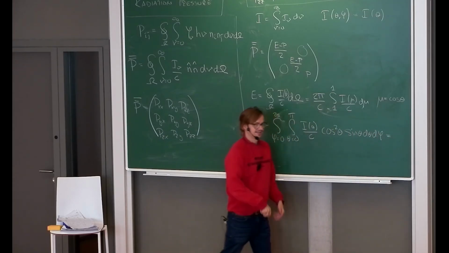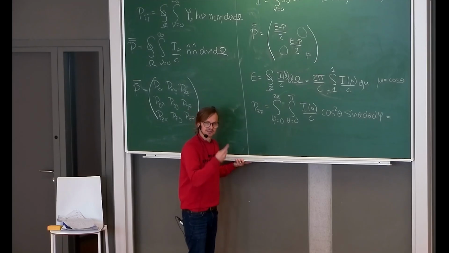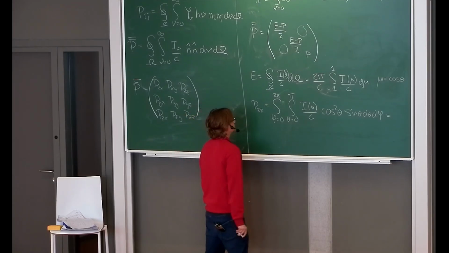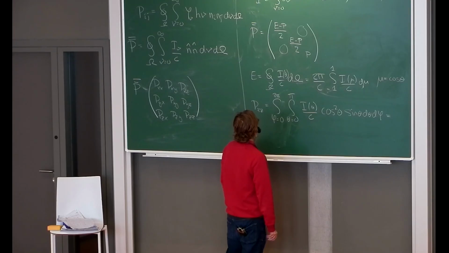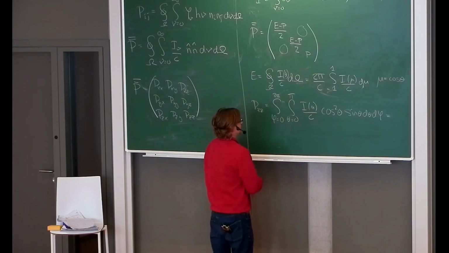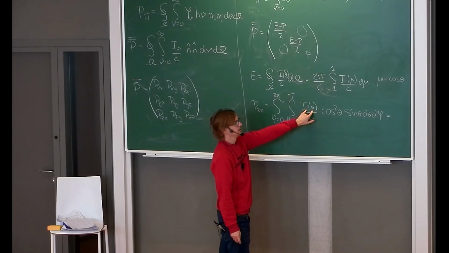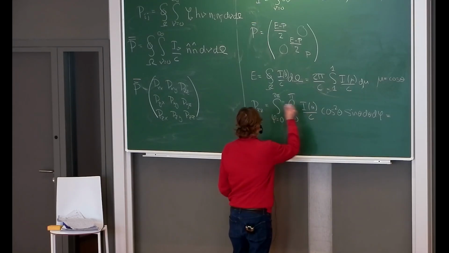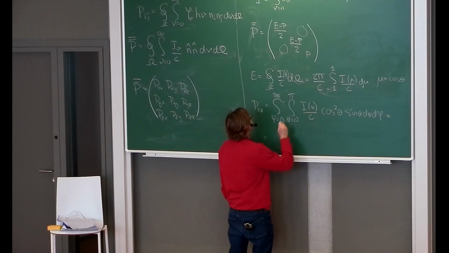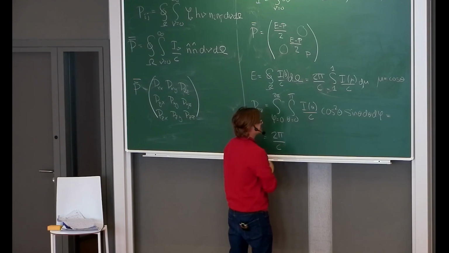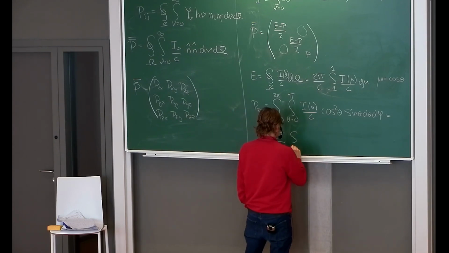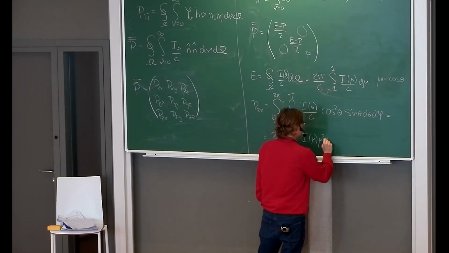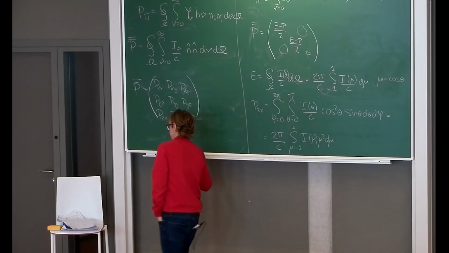Again, this is why I said that it's good if you get used to these type of integrals, because they come back all the time. All right, so this is the PZZ component, and again, we can see since this is only a function of theta now, we don't have any phi dependence, we can just take that out, so this is then just 2 pi divided by c, and now we have, I changed to the mu angle, integral of I of mu, mu squared, d mu, okay?